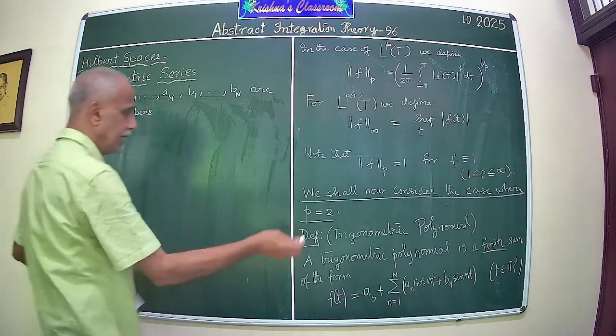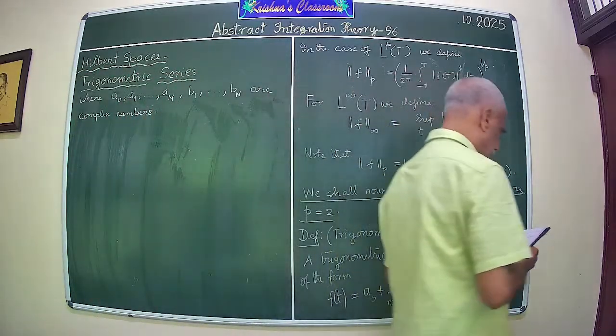This is what you call a trigonometric polynomial.